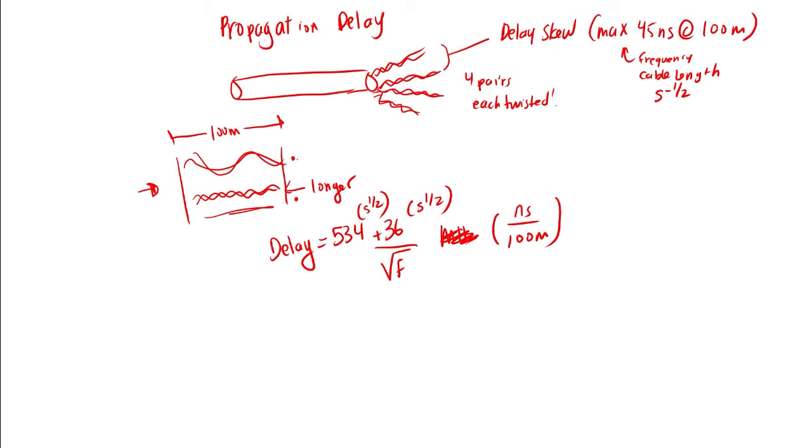And then we also have the reflection, because if we send our signal down the cable and the impedance is a mismatch, part of the signal will be reflected.